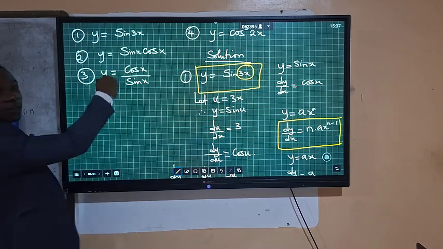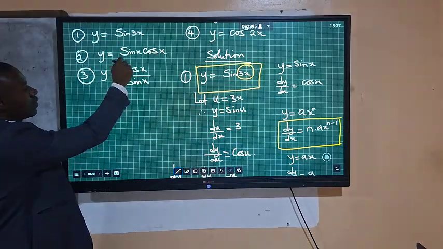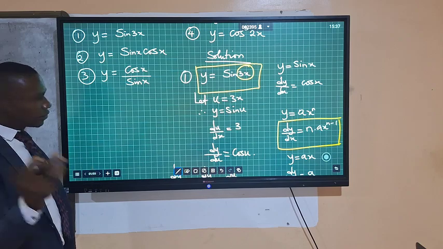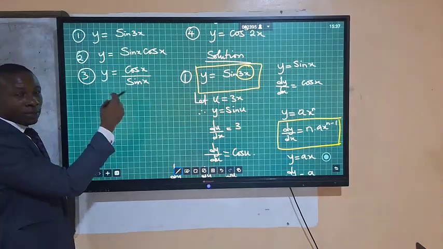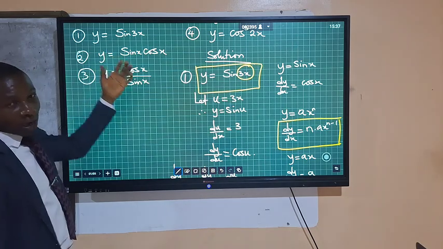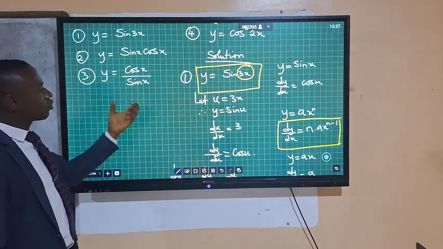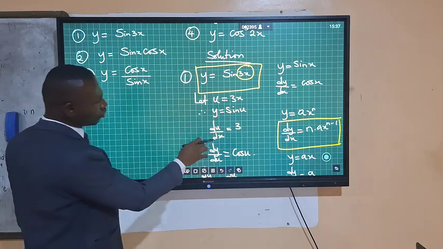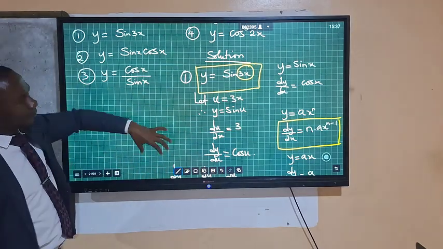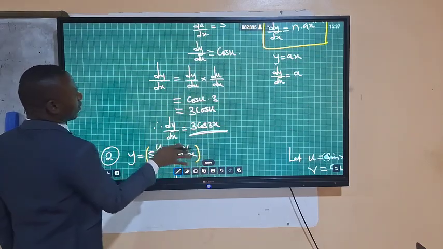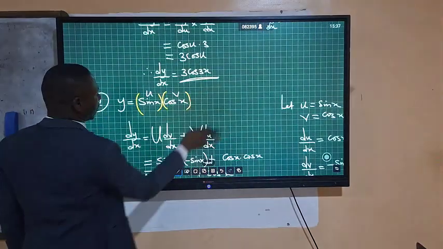So in this problem, this is a quotient rule problem. So in our previous video, we treated quotient rule. So you can go back to our previous video to see how quotient rule is done. But before that, let me show you the shortcut that you can apply while solving product rule.